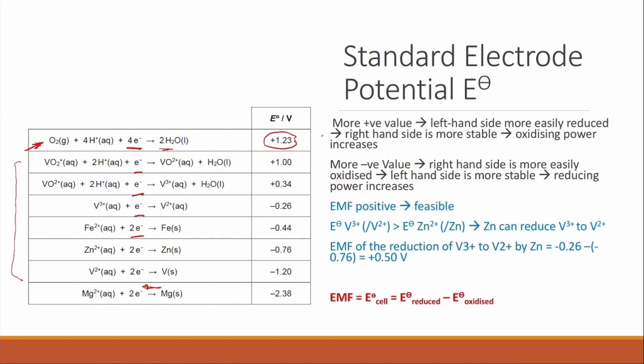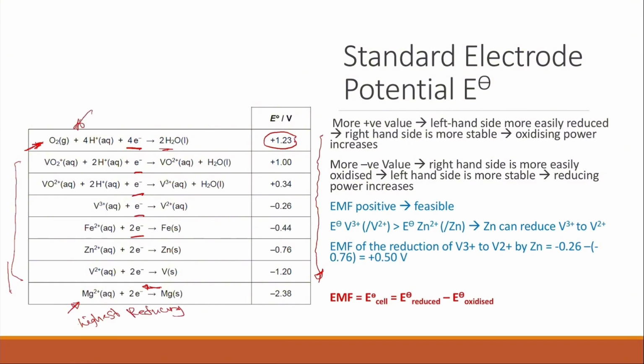As you go down from most positive to most negative, the oxidizing power will be reduced, and as you go from the bottom to the top, from the most negative to the most positive, the reducing power will be reduced. So those at the bottom with the most negative values are the highest reducing agents, so they will be mostly oxidized.